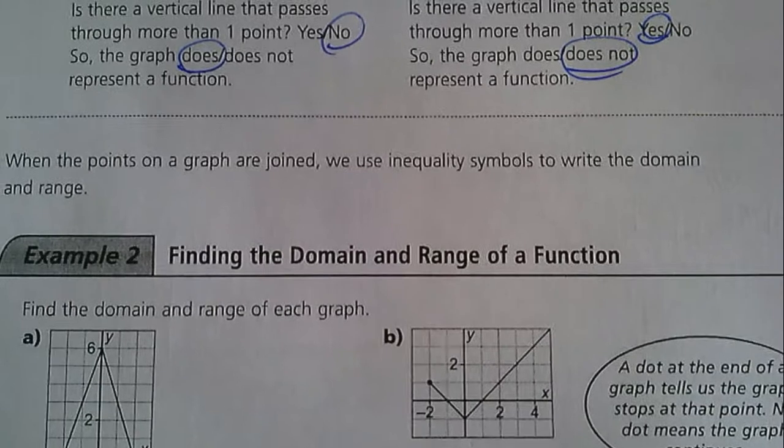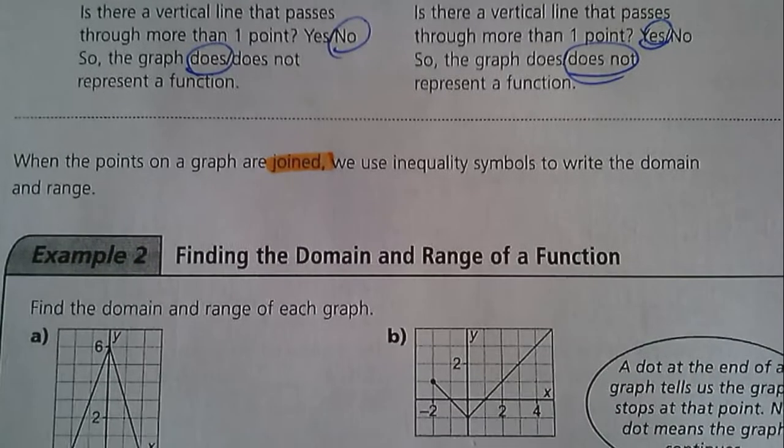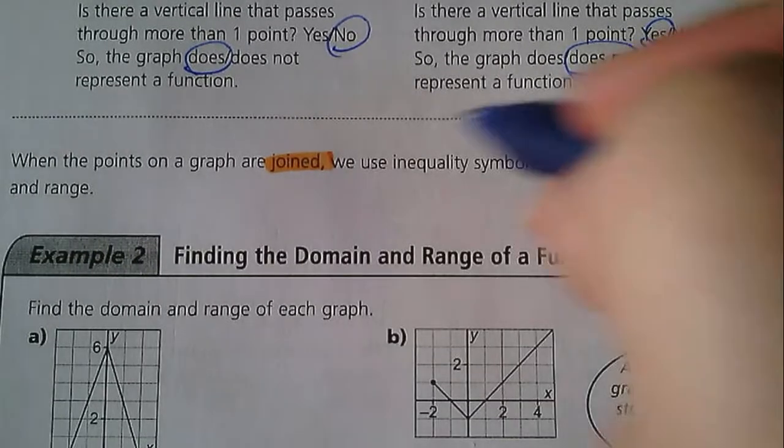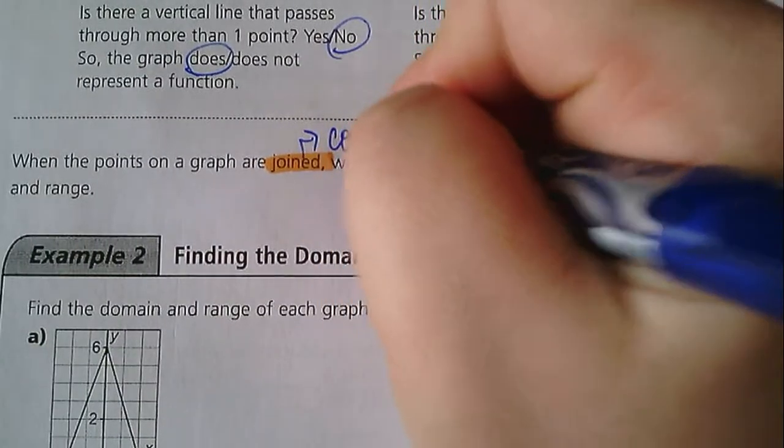A couple of important terms here. It says when the points on the graph are joined, you might remember from the previous video, we call that continuous data.